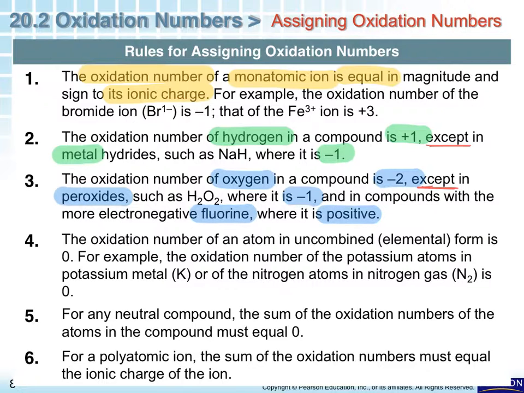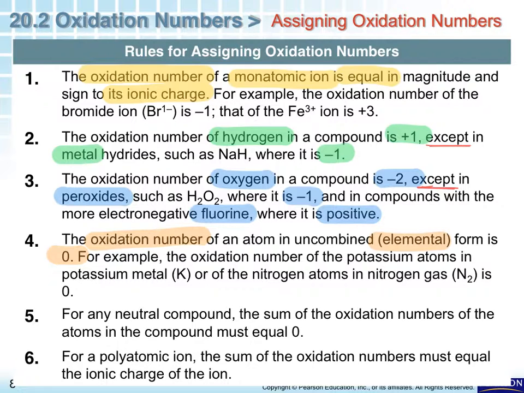The next rule is the oxidation number of an element, a pure element, is 0. When it's not bonded to anything else in its natural state, the oxidation number is 0. The last 2 rules have to do with the idea of neutral compounds and ions.